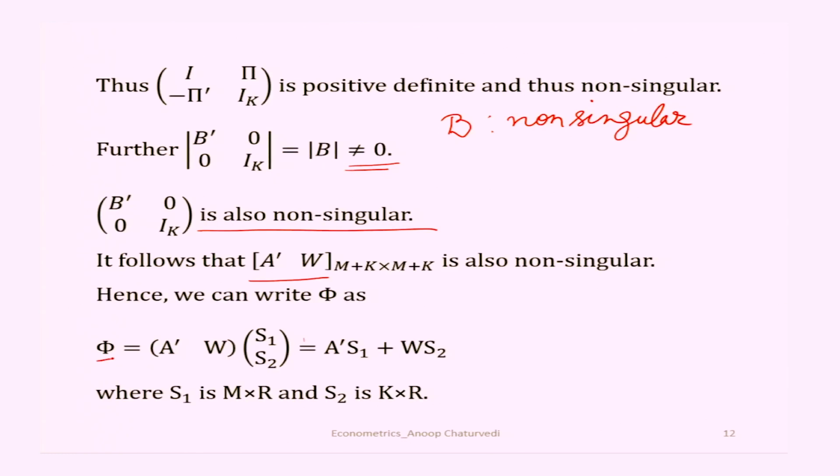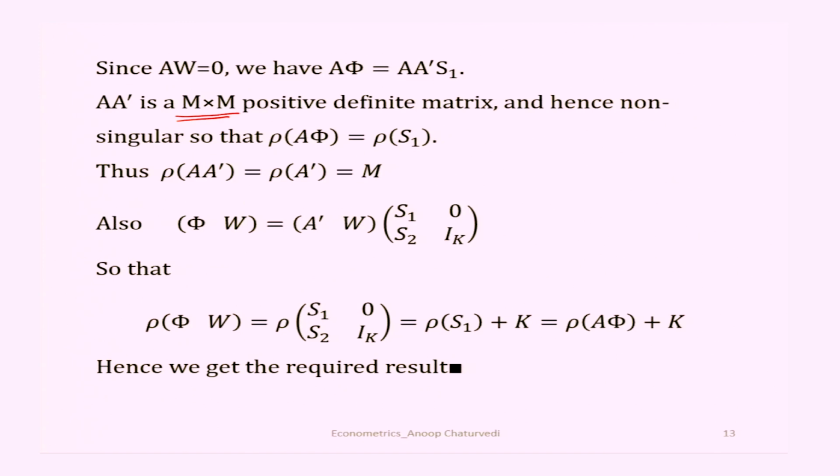Say you have phi equal to A transpose S 1, and then A phi is equal to A transpose S 1. A transpose is non-singular. So, if we pre-multiply S 1 by A transpose, it does not change the rank of S 1.